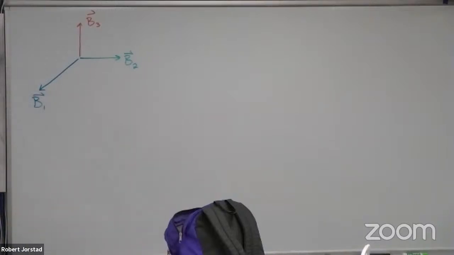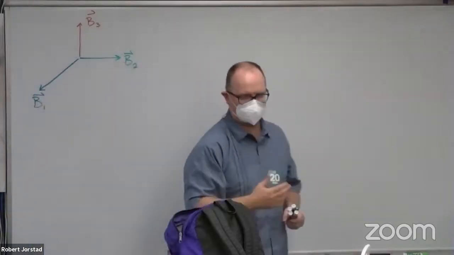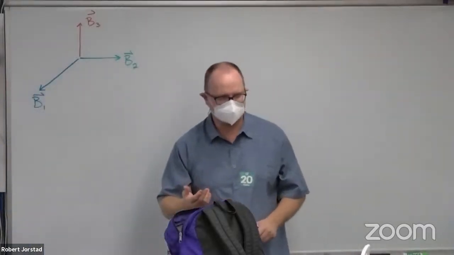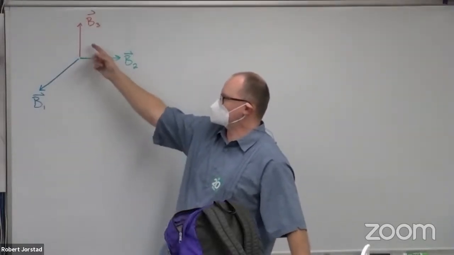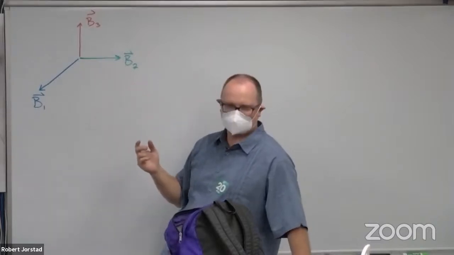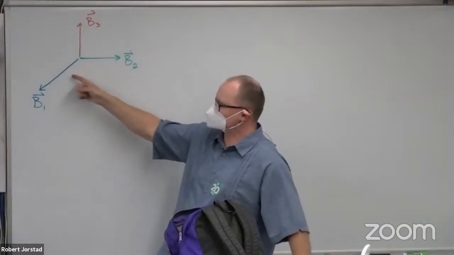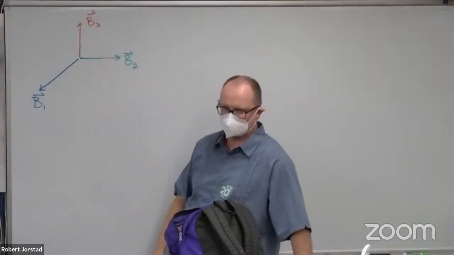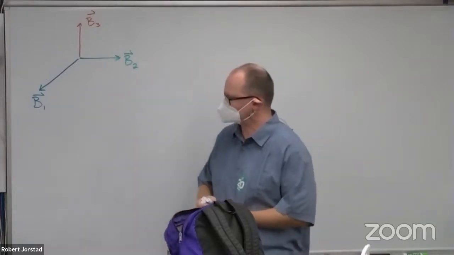Somebody said the net field should be 0, right? Is it possible that it's 0? Absolutely. Is it possible that it might be non-zero? It depends on how this length compares to these two. Do you agree it should be close to 0? It's probably either going to be equal to 0 or close to 0 because this one's probably going to cancel out most of it. All right, let's see if it's exactly 0 or if it's non-zero in this case.